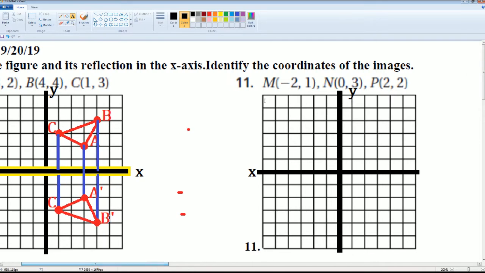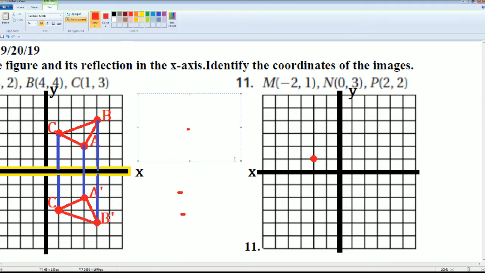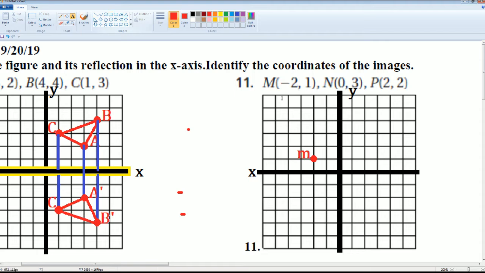Okay. Label the points first. Remember, look at your notebooks. Those were the steps. Label the points first. First one, -2, 1. Call that M. The next one is N. 0 in your X. 3 in the Y. 1, 2, 3.